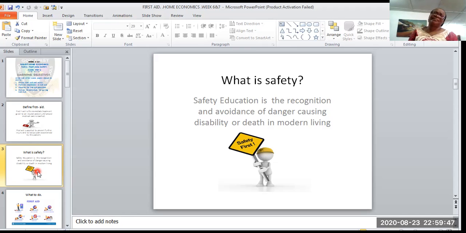For instance, it is not proper for you to tamper with electricity, whether the socket, the switch, or any naked wire around you. Don't do it. You're wrong if you do that.